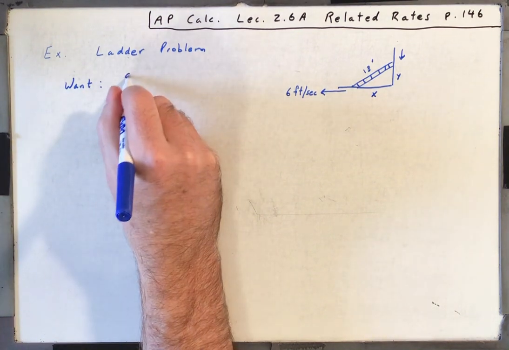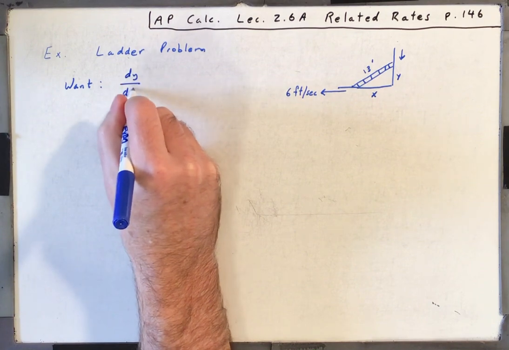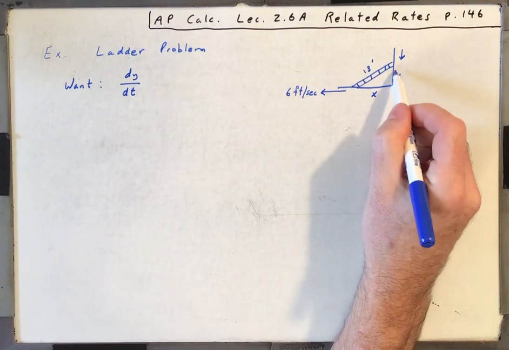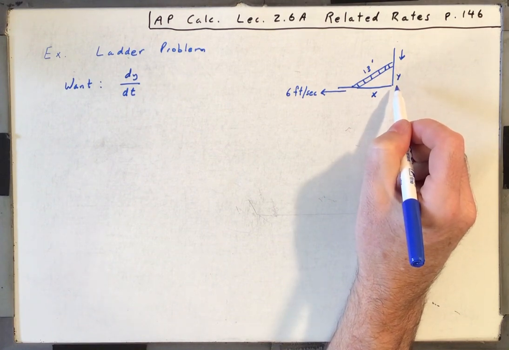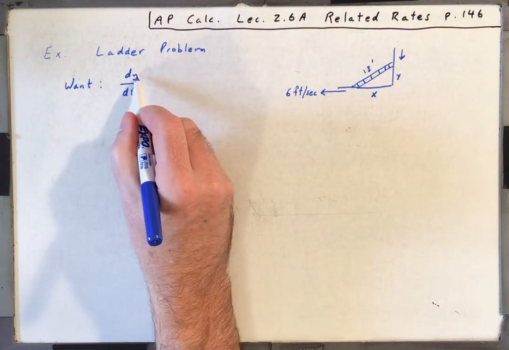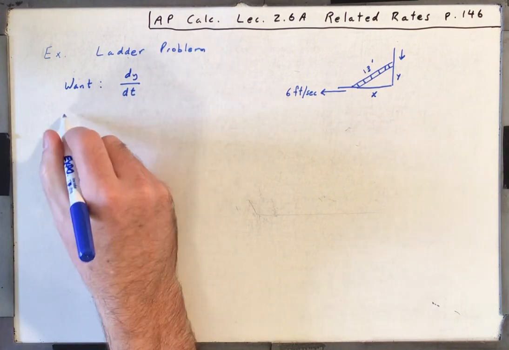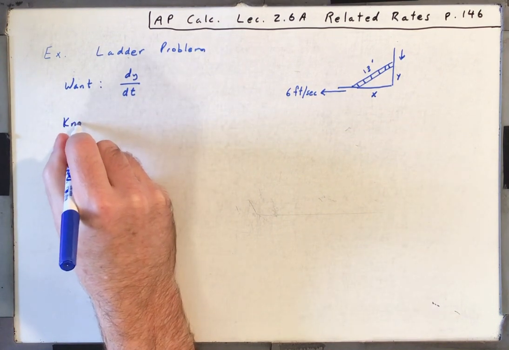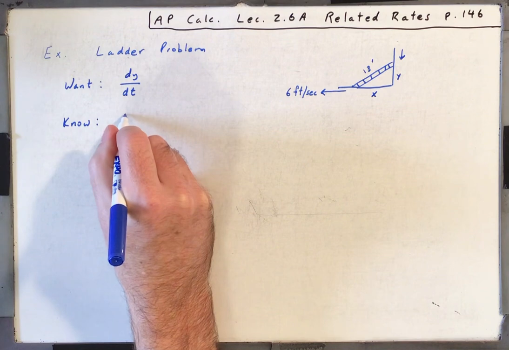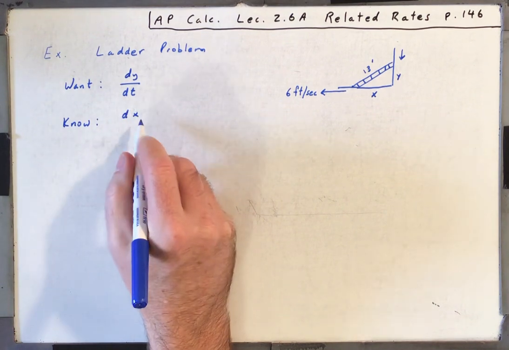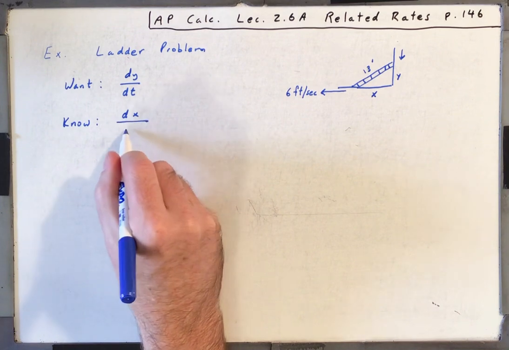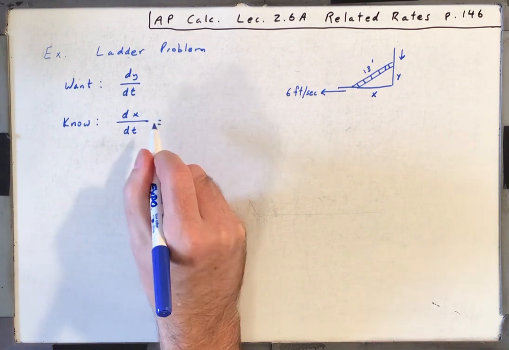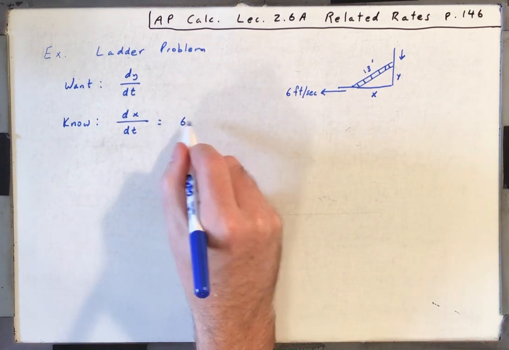We want dy/dt, because I've labeled that vertical component as y. So how fast is y changing with respect to time? What we know is that dx/dt is equal to 6 feet per second.